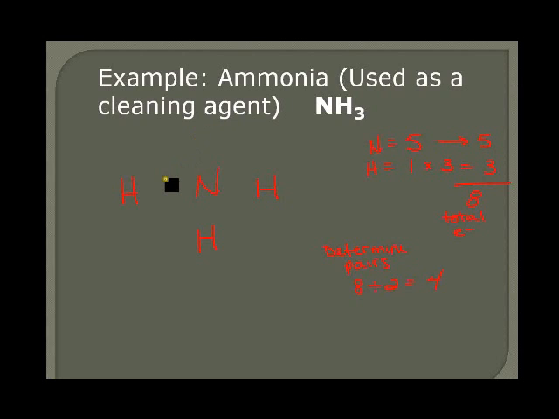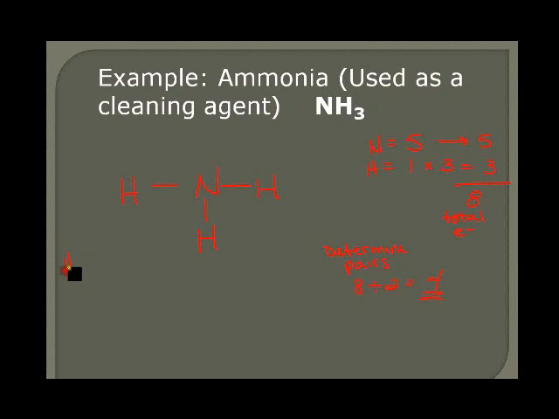So what we're going to do is share a pair of electrons between the central atom and each one of our terminal atoms. So we've used up 1, 2, 3 of our 4 pairs. Now that we've used 3 out of our 4 bonding pairs, we're going to place remaining unshared pairs around the terminal atoms.